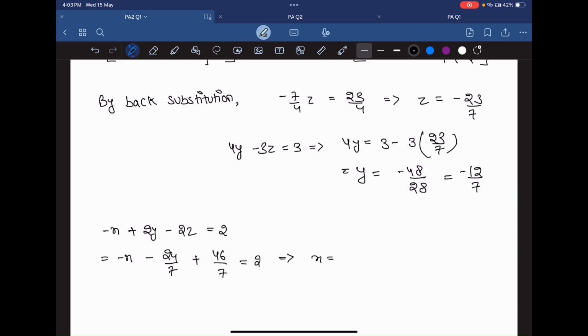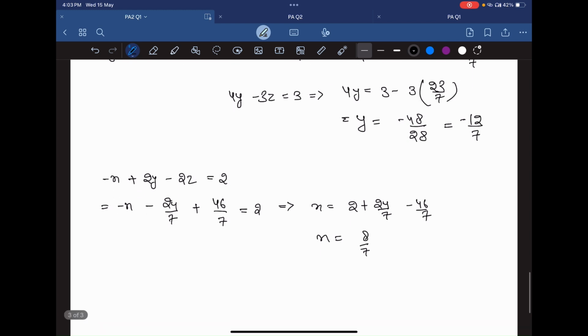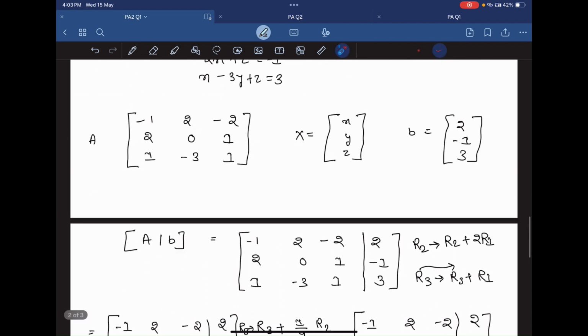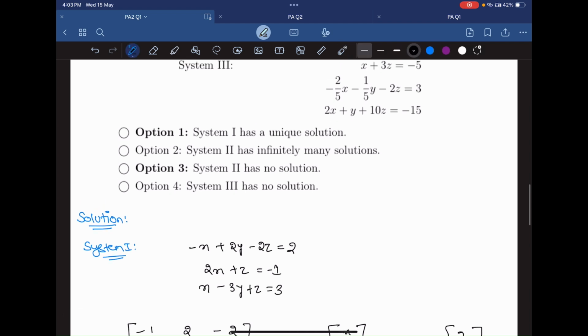We got x is equal to 2 plus 24 by 7 minus 46 by 7, and that would be equal to 8 by 7. So the system will have a unique solution as we got only one intersection point for these three equations. So option 1 would be the correct answer, that is, system 1 has a unique solution.